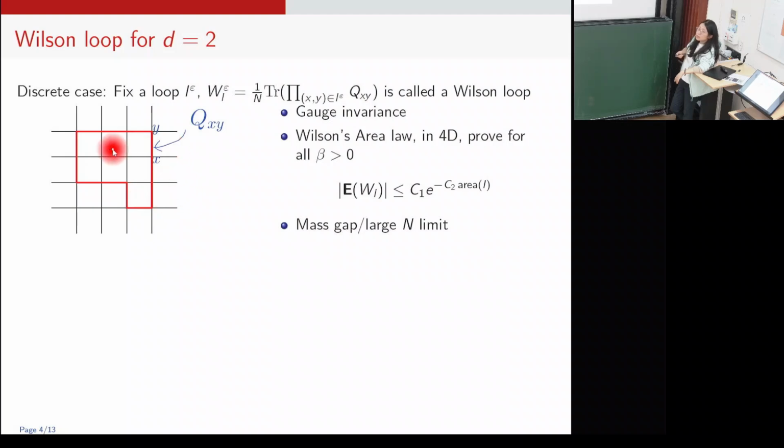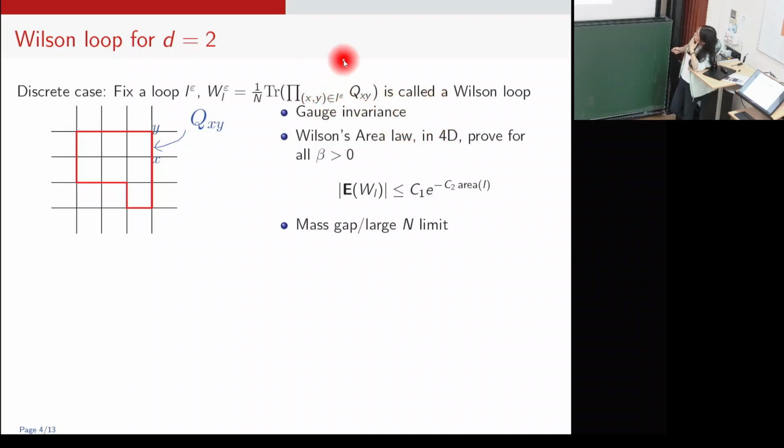Since this is a loop, we can see this Wilson loop also satisfies the gauge invariance property. So this is an interesting gauge invariant observable.